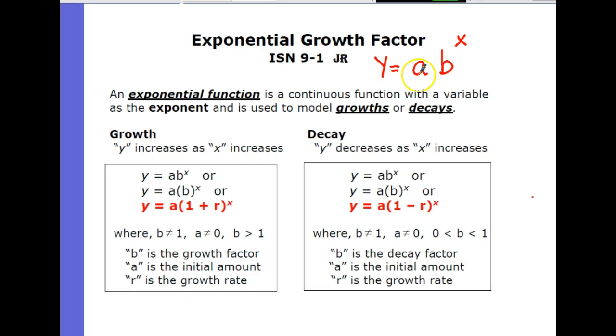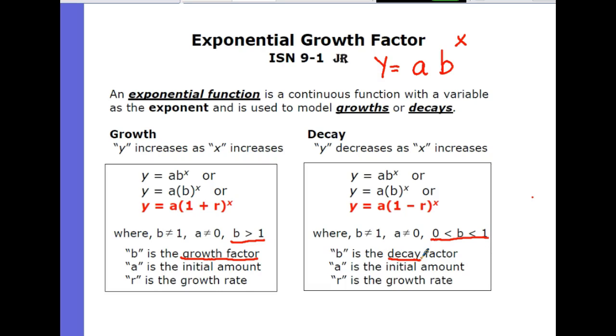A is the initial amount that you start with. B is your multiplier. If your b is greater than 1, your equation is going to be growing. It's going to be going viral. If your b is less than 1, it has to be positive, it's going to be decaying.